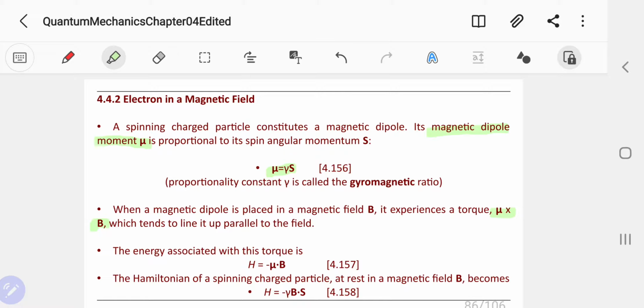And the energy then associated with this torque is, of course, equal to H equals negative mu dot B.